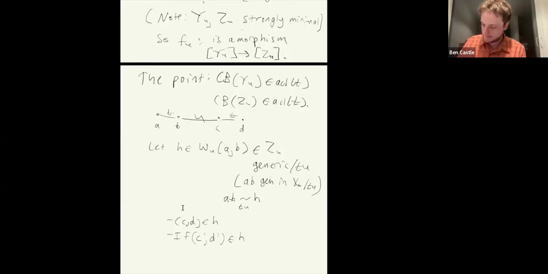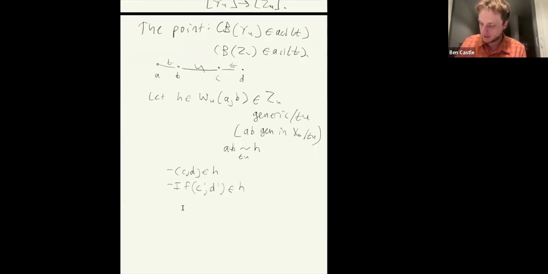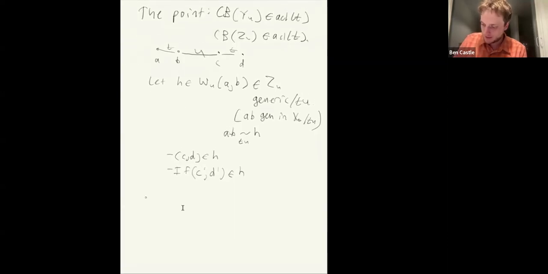Well, this is where we go back to the unmotivated lemma. So if C prime D prime is in H, let me draw the picture: we have A, B, C, D, and then we have another analogous diagram with C prime and D prime, and we have our linking T, U, T throughout the whole thing.